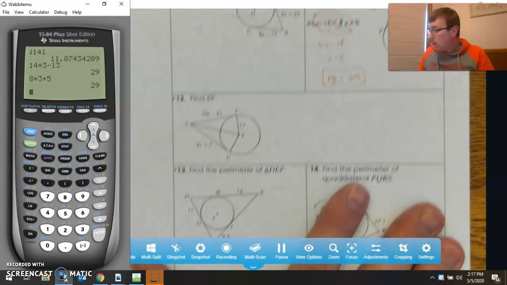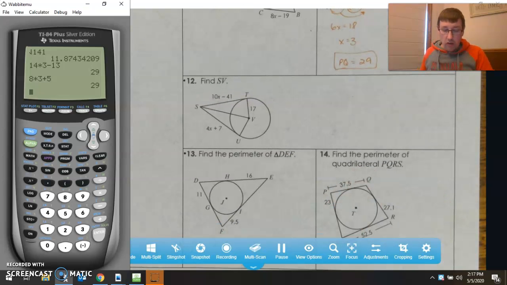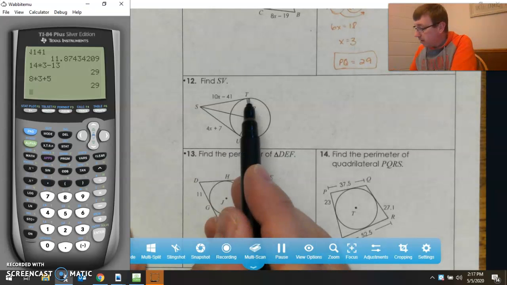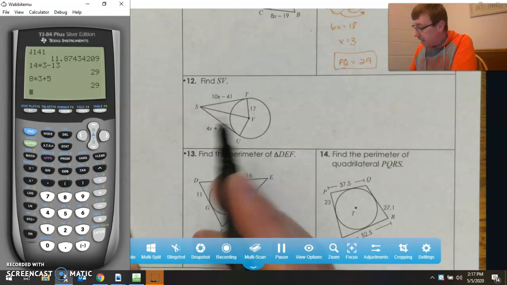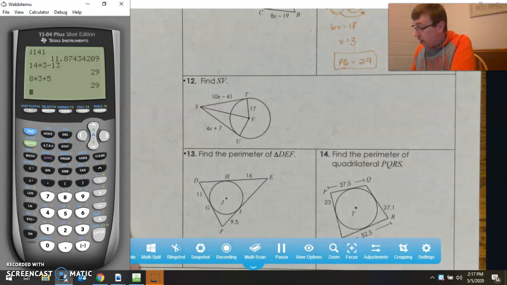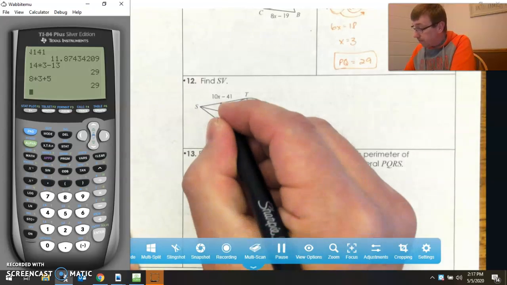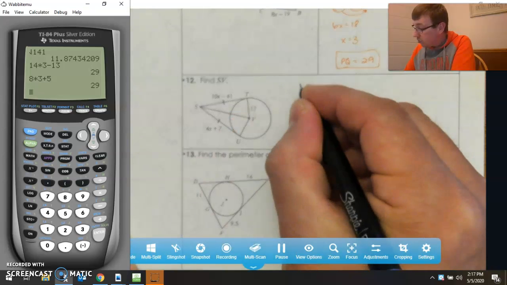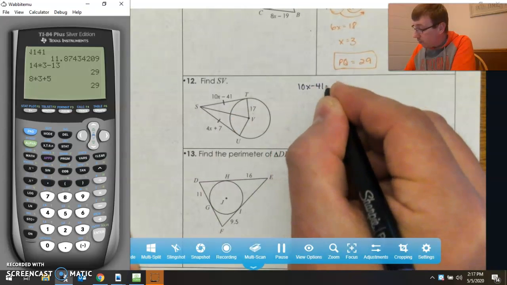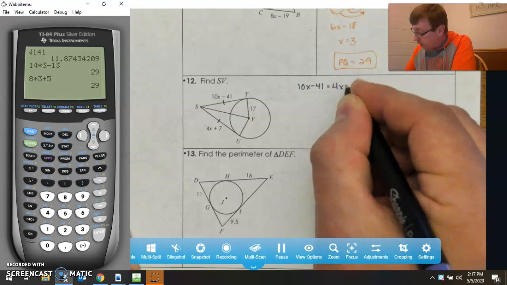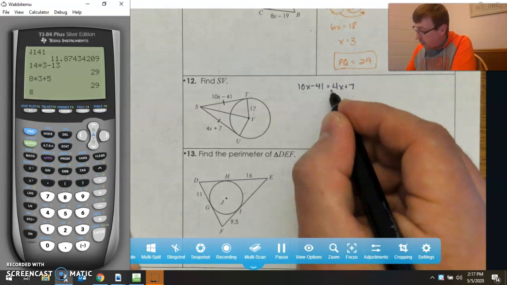Okay. Now in number 12, we are going to have to do a little bit of math here. We know that ST and SU are equal because they both come from point S. So I know 10x minus 41 is equal to 4x plus 7.